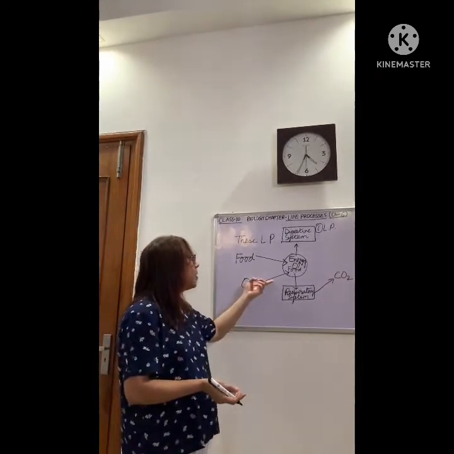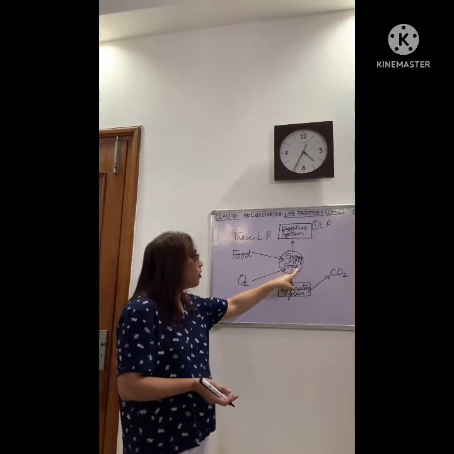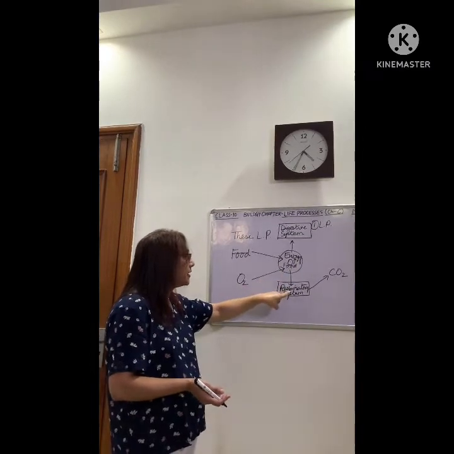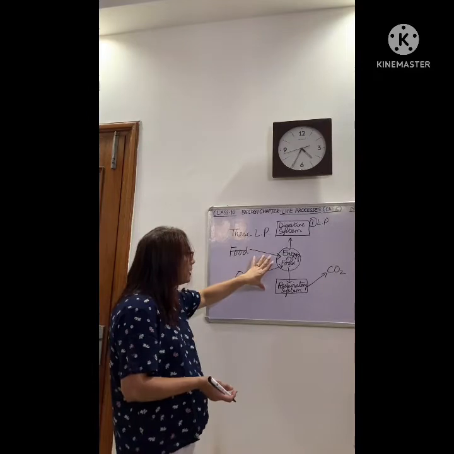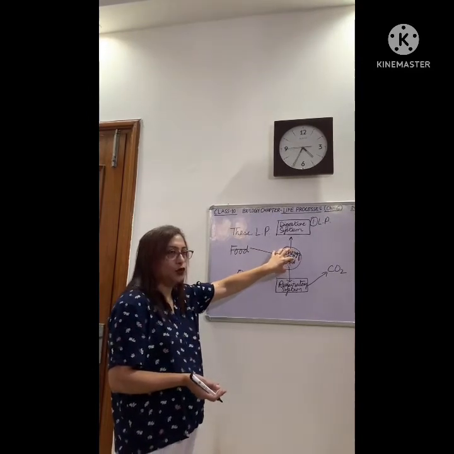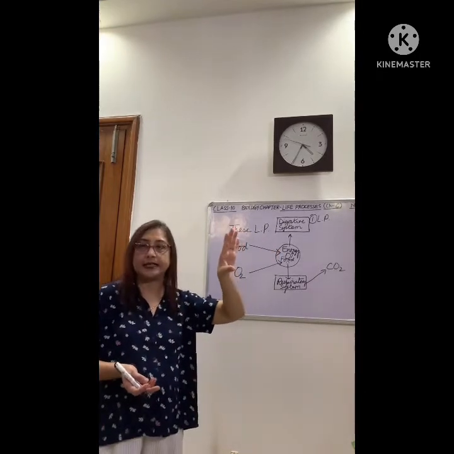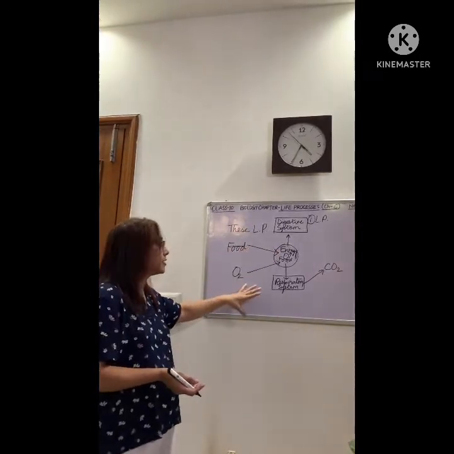So this oxygen helps in the breakdown of food to release energy, and the oxygen and the food are there in one cell. I have shown you here. Now there are millions and billions of cells in the body. So all the cells require this food and oxygen.